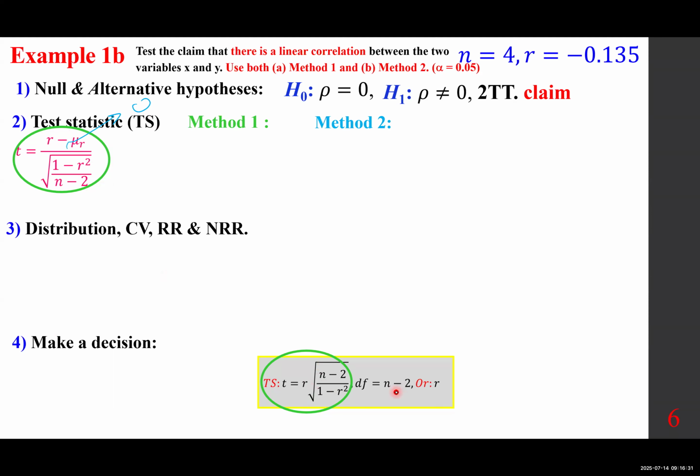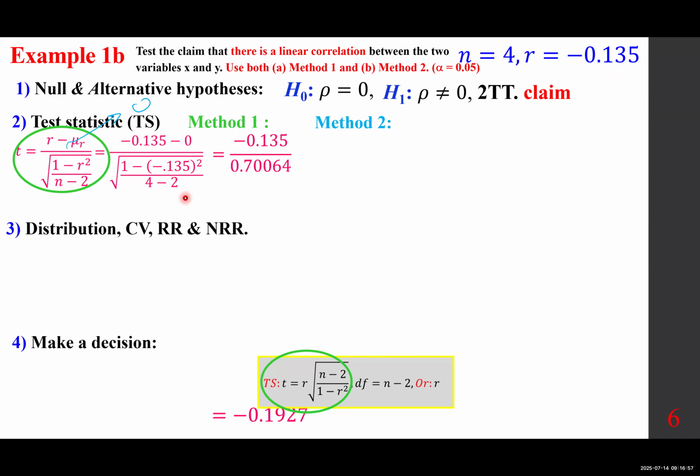So you plug in what is R. R has been calculated here as negative 0.135. And then you just put it into a calculator. So negative 0.135 minus 0 over the square root of 1 minus negative 0.135 quantity squared over 4 minus 2.